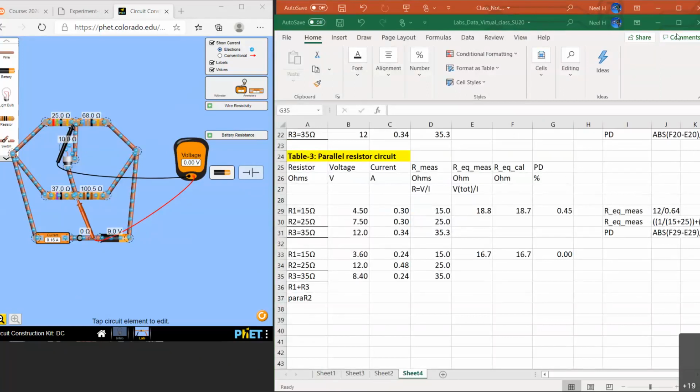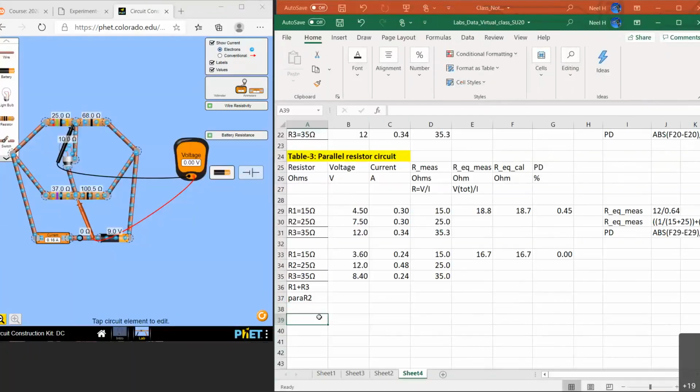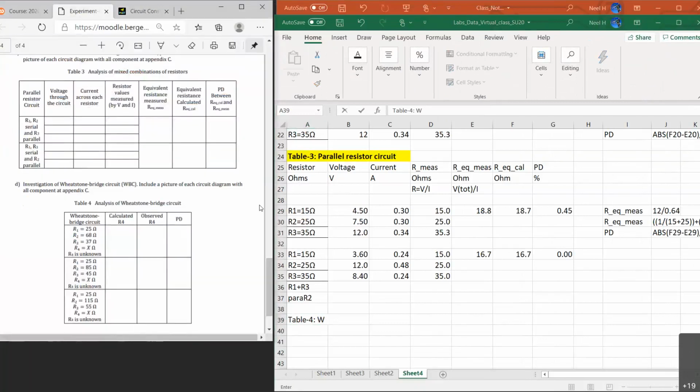Table number 4 is completely different, so I suggest you build that table completely from scratch. Don't copy paste from the previous table. It's not meaningful. For table number 4, we're doing the Wheatstone bridge. Make sure you name it properly, okay? Wheatstone bridge analysis.